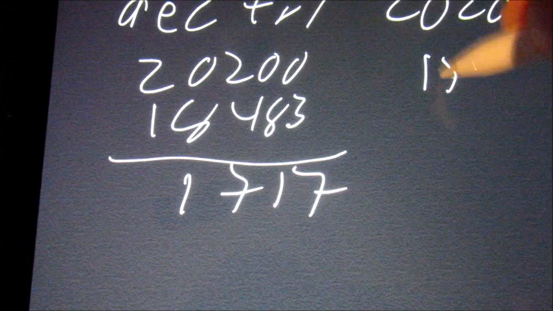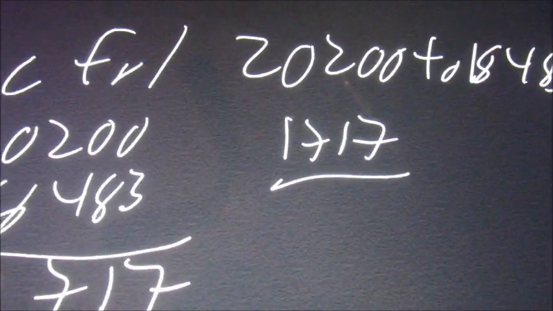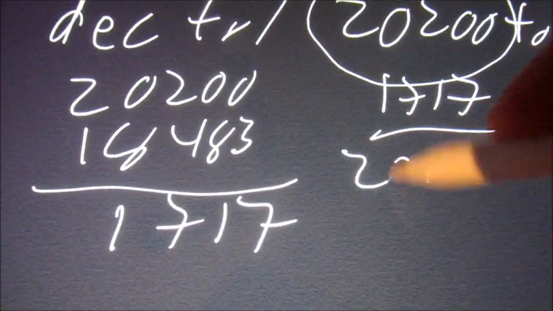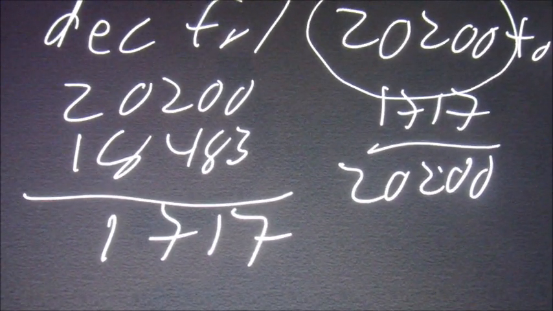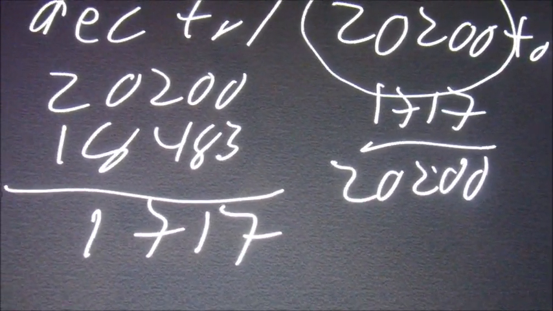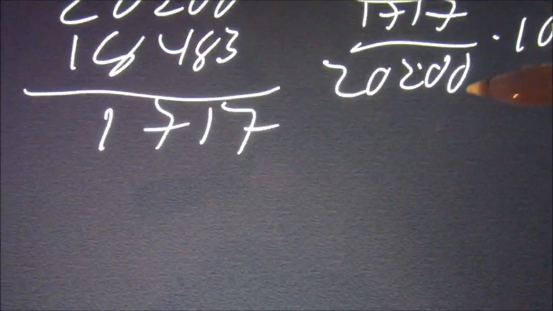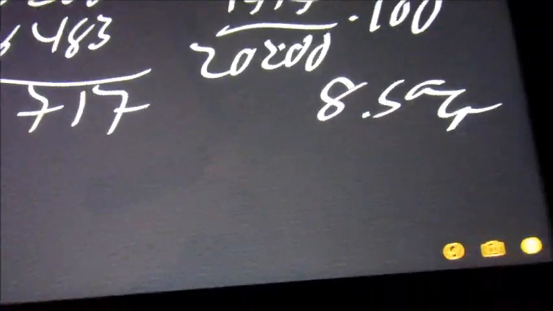Now we're going to take that number, 1717, and divide by the original number, which in this case is 20200. And then we're going to multiply by 100. When we do that, we're going to get 8.5%.